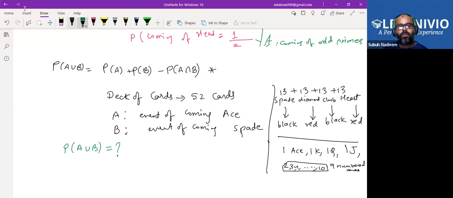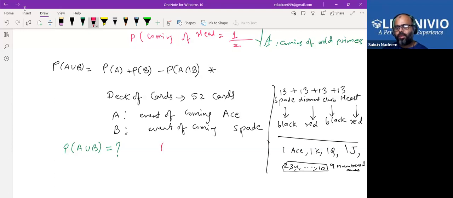So it means the one which is common we will subtract, just like ace is common. So 9 plus 3, 12.